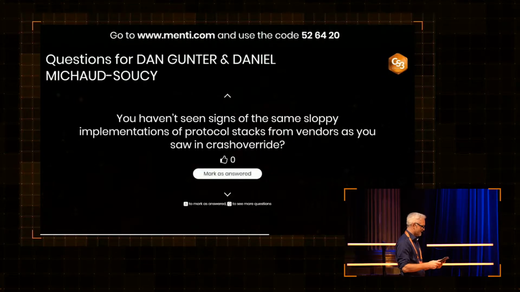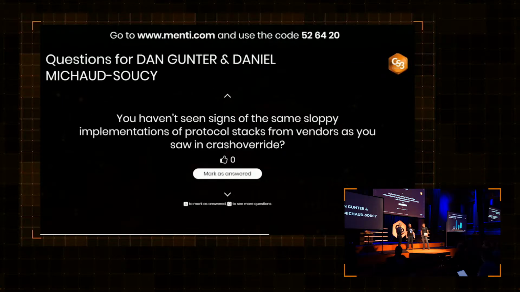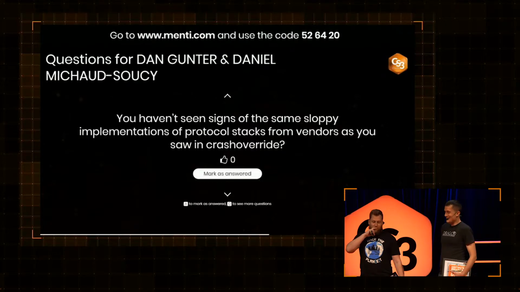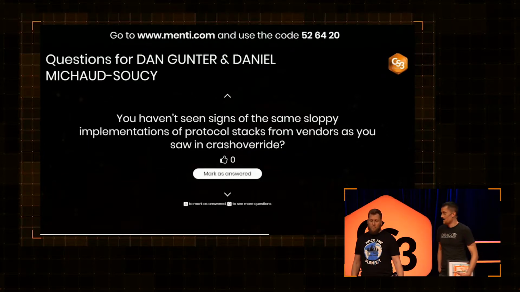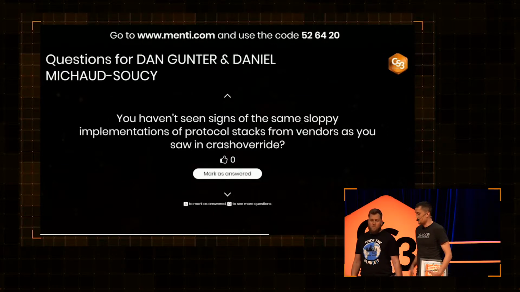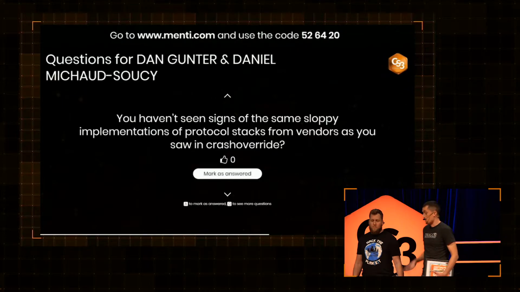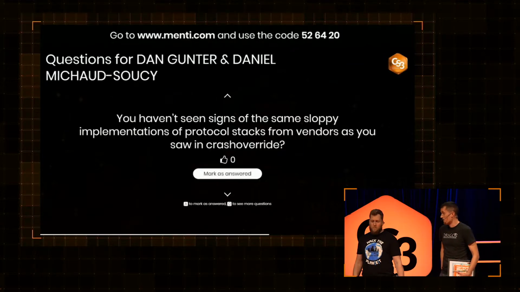But I think there's another side of this coin, and I'll bring up another question. You haven't seen signs of the same sloppy implementation of protocol stacks from vendors as you saw in Crash Override. It's potentially possible that the vendors are also not really... It is possible, and being in North America, a lot of our engagements are service-facing, and most of our company's work is product-facing. We're mostly in North America, so we don't run into a lot of IEC 104, at least in that area.